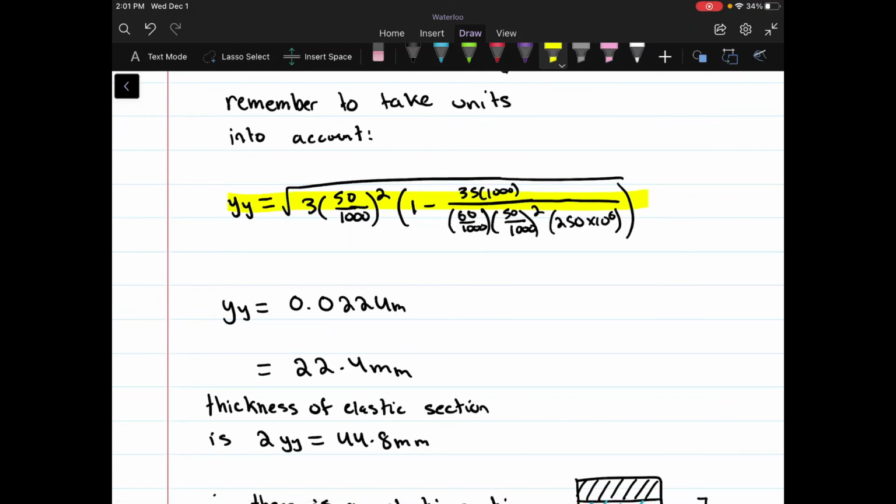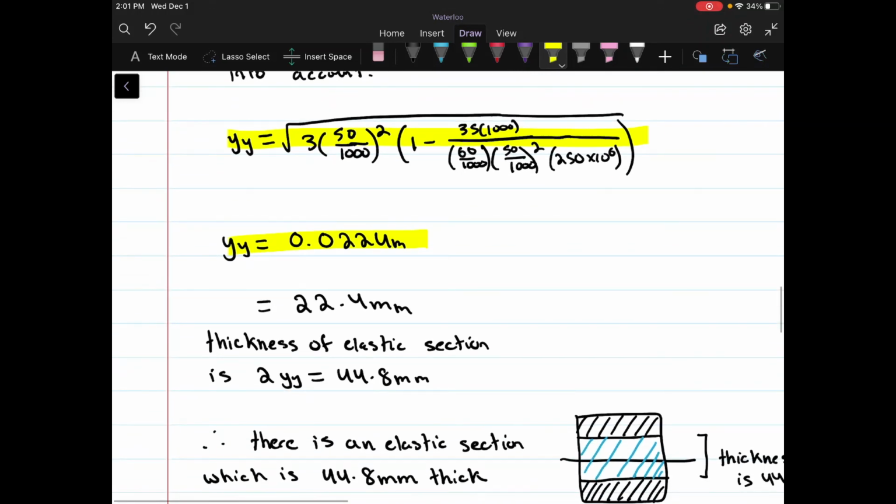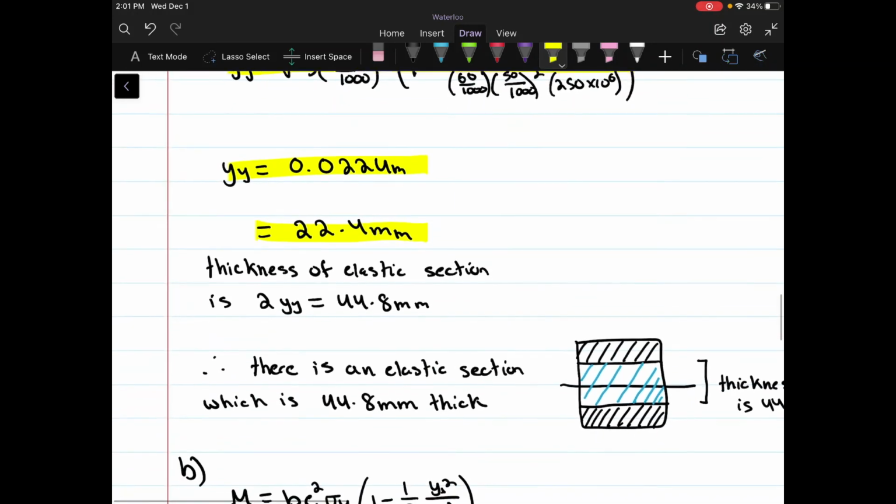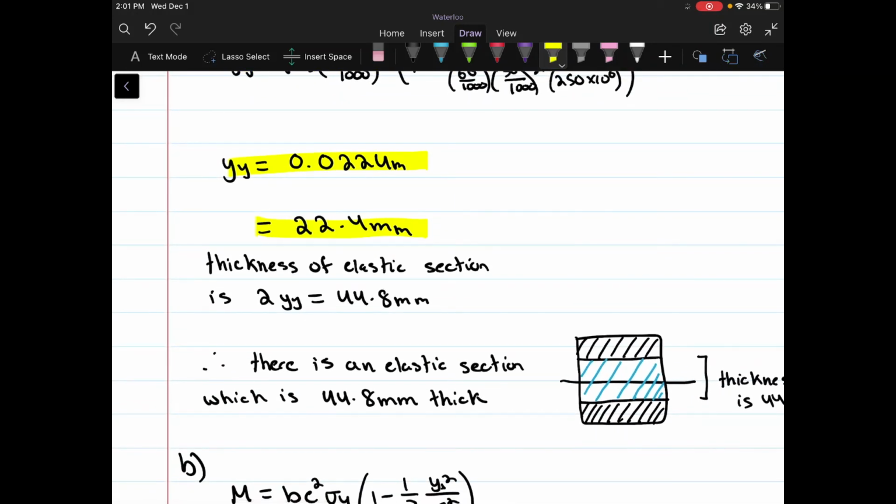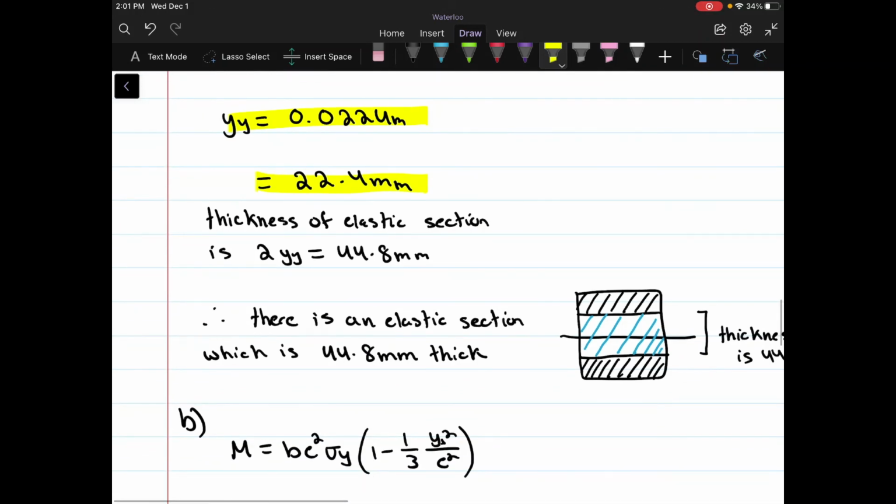This will result in a value of 0.0224 meters, which is the equivalent of 22.4 millimeters. Since this value represents half the thickness of the elastic section, the thickness of the elastic section is double this, which is 44.8 millimeters.